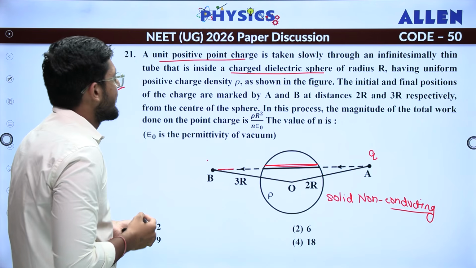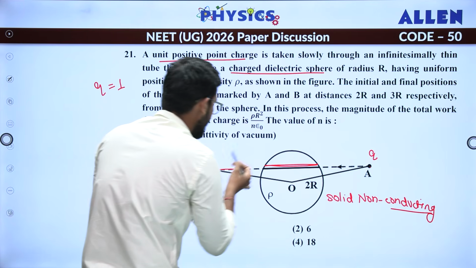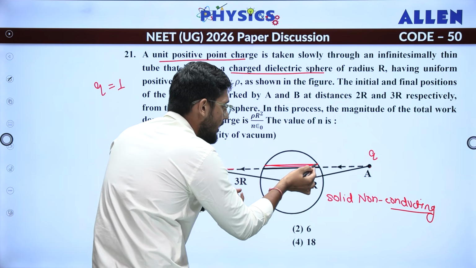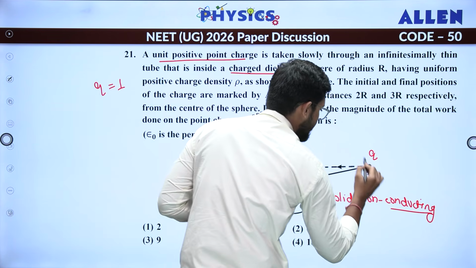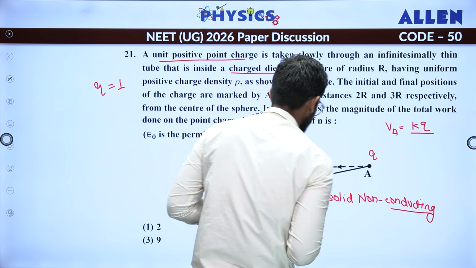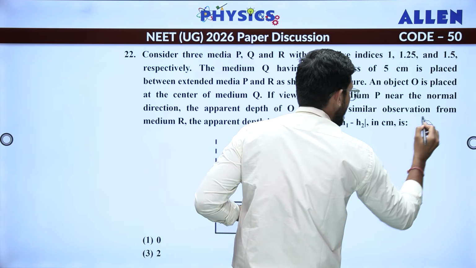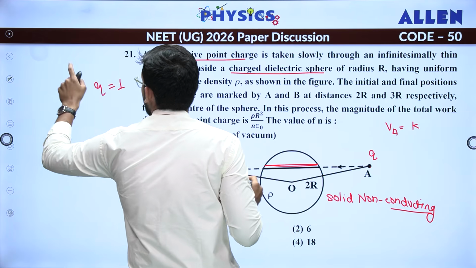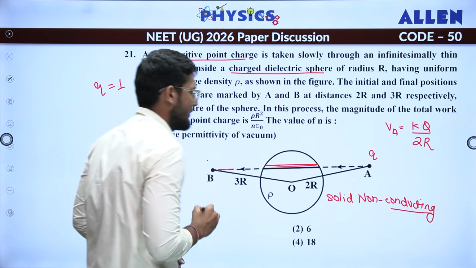Now you need to find out the work done if you move it from this point to this point. So it's a simple question, you don't need to worry about what the potential at this point will be or how we will solve it. We just need to write down the potential at this point, that means VA. VA will be K capital Q by 2R, the distance.